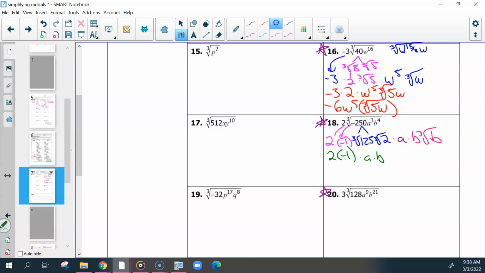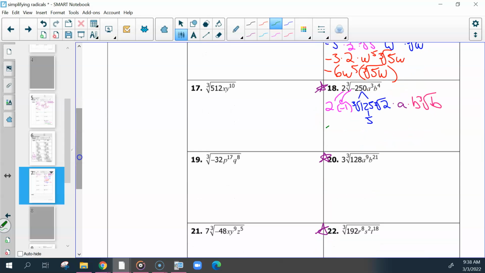I'm sorry, I didn't simplify this part. Let me go back and do that real fast. The cube root of 125 is 5, and I forgot that part. We have 2 times negative 1 times 5 times a times b, all on the outside.